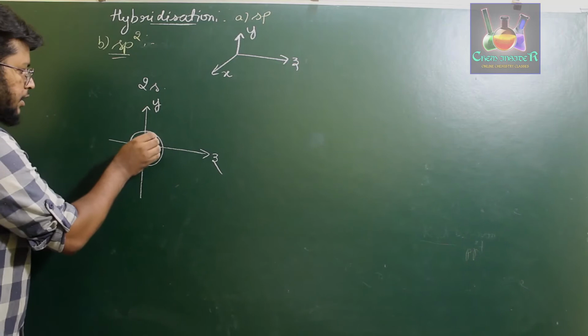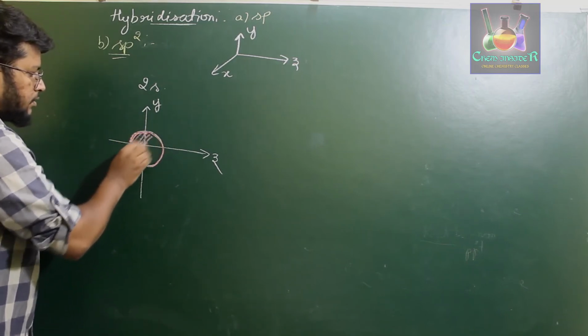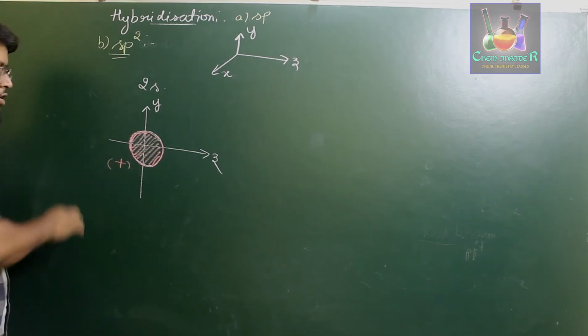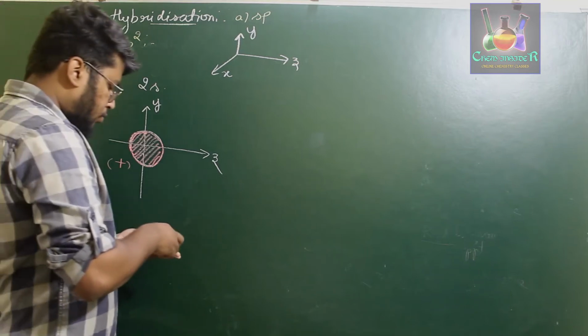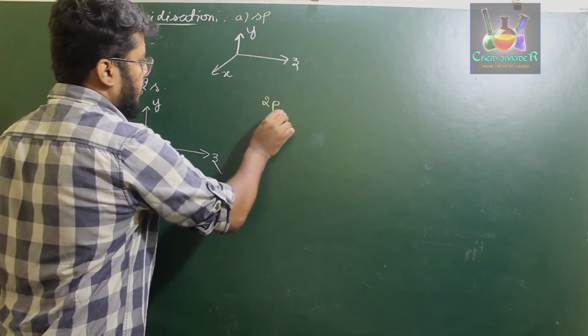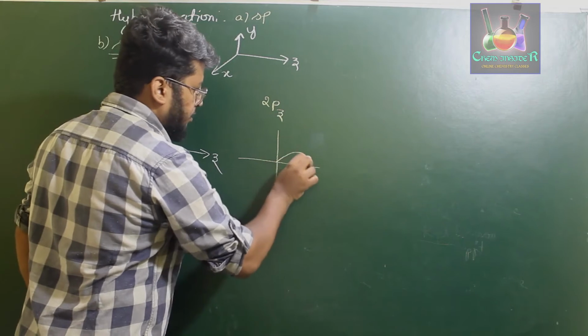I am going to write the 2s orbital in red color. It is spherical, which means it always has a positive charge throughout the s orbital. Now for the two 2p orbitals, the first is 2pz. The 2pz orbital will be in this particular direction.